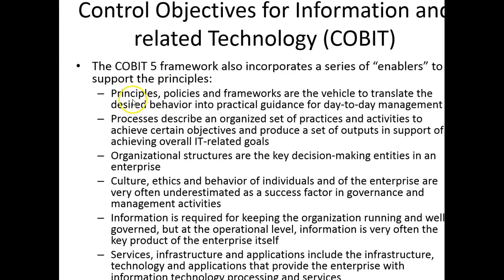The primary enabler is principles, policies, and frameworks that are vehicles to translate desired behavior into practical guidance for day-to-day management. Basically, this enabler is guiding and affecting the others in the company.